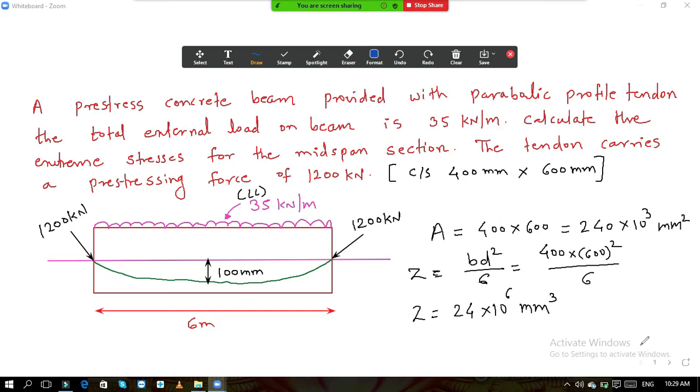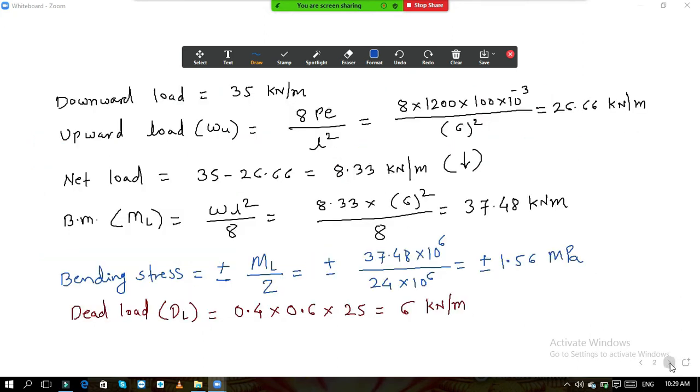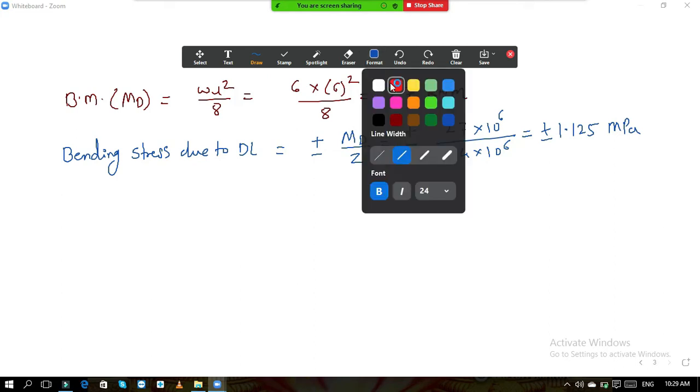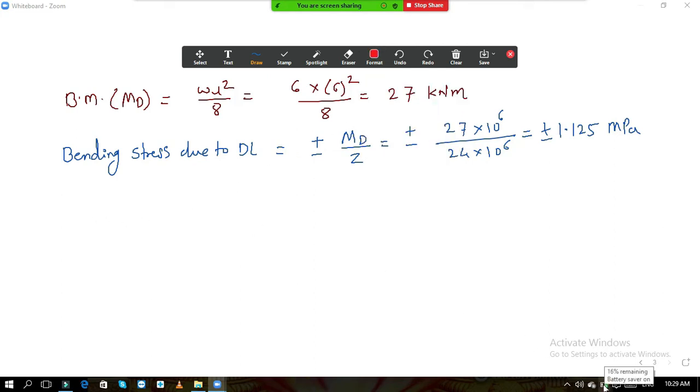So direct stress, you know the formula, it is P by A. So direct stress sigma 0 is actually P cos theta divided by A, but as theta is very small, theta tends to 0 and cos of 0 is 1. That is why it becomes P by A.